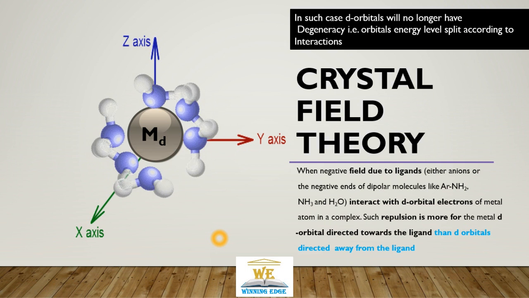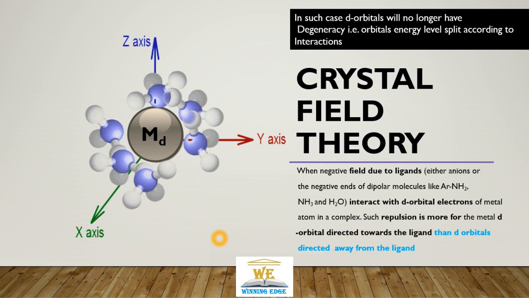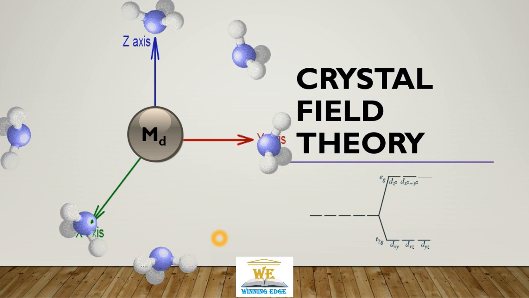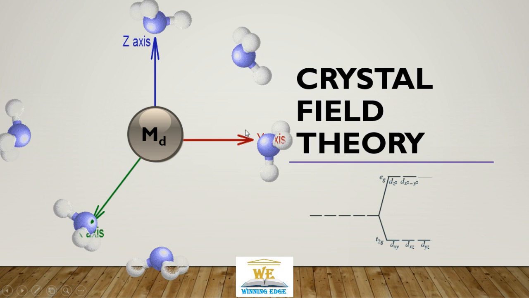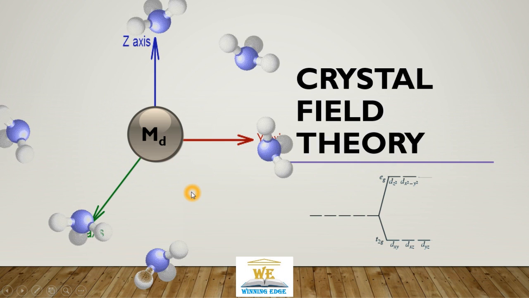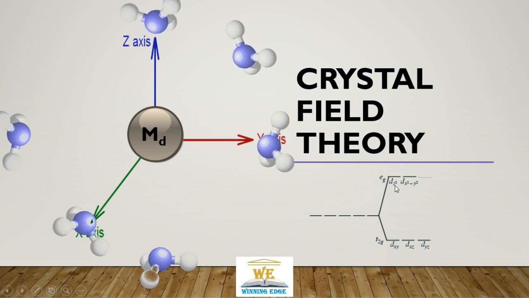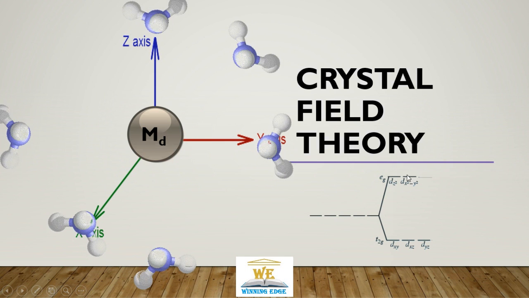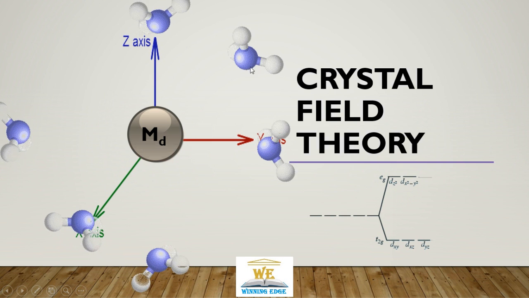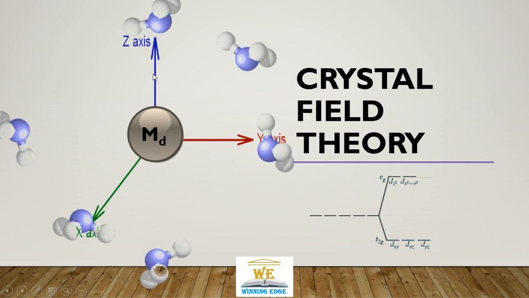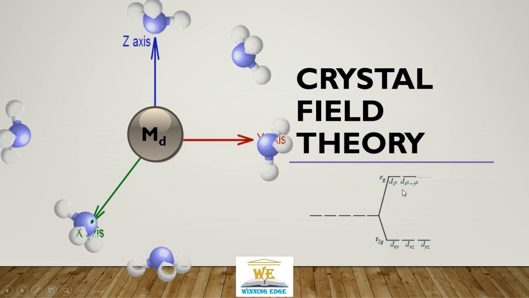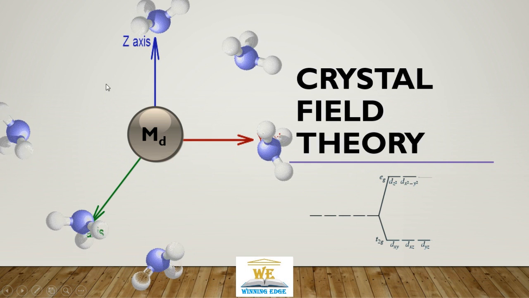Let's see how these d orbitals will split. In the octahedral geometry we are talking about, we have dz square and dx square minus y square.